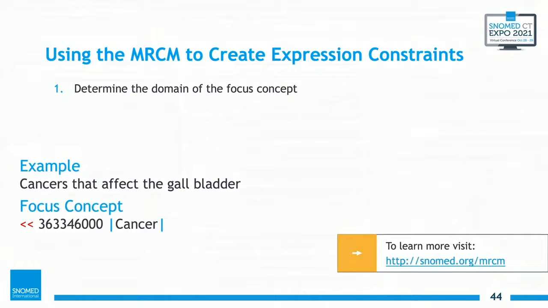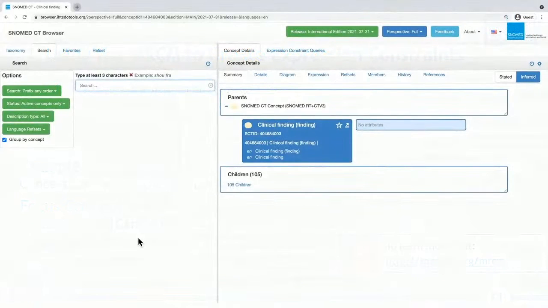To do that, we can go to the SNOMED CT browser and we can have a look at the parents of cancer and browse up the hierarchy until we find the top level concept. And we can quickly show you how to do that. If we head over to the browser and search for cancer in the International Edition, we should find what we want.